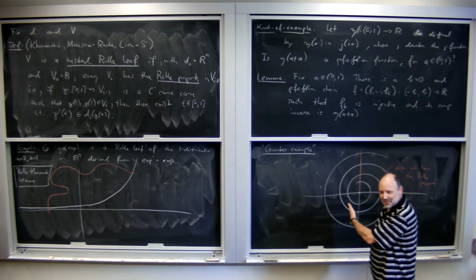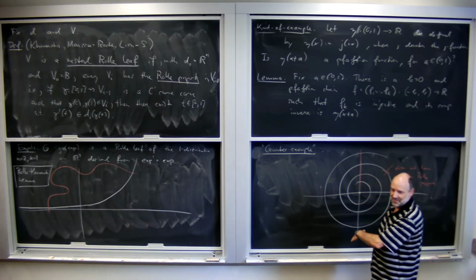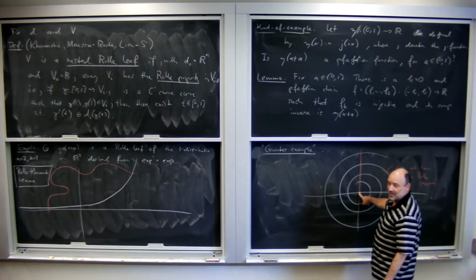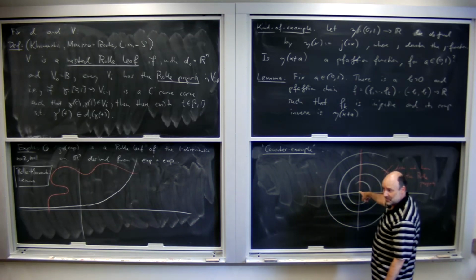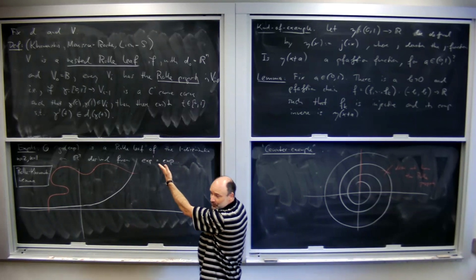Then I do not need a singularity to create something like this at the next level. So the singularity that causes this problem in the picture can appear in the nested version simply because V1 wasn't simply connected.